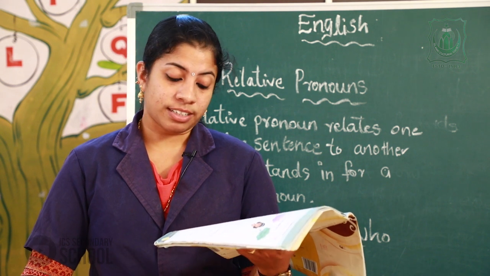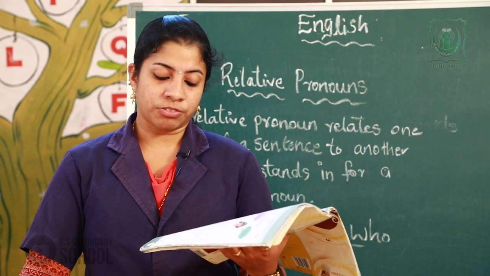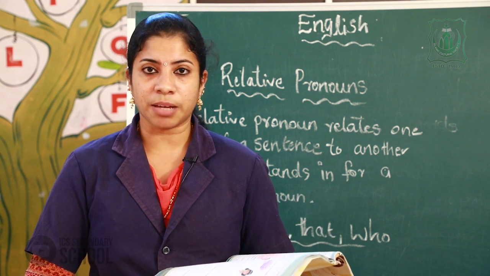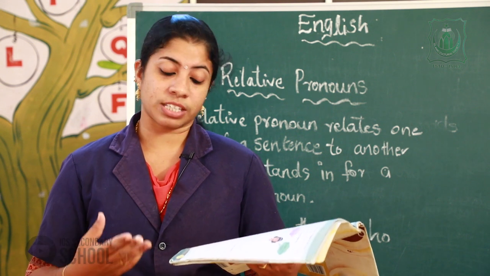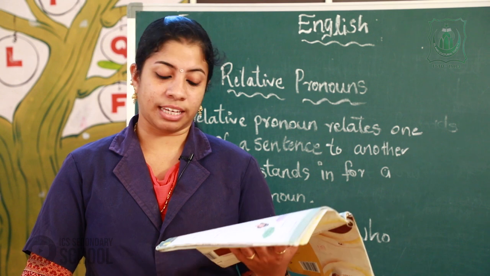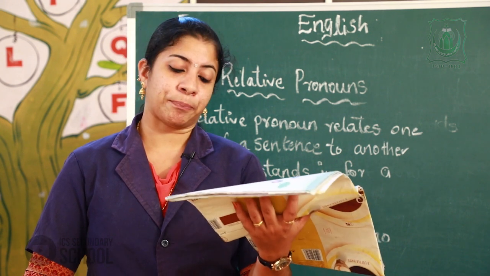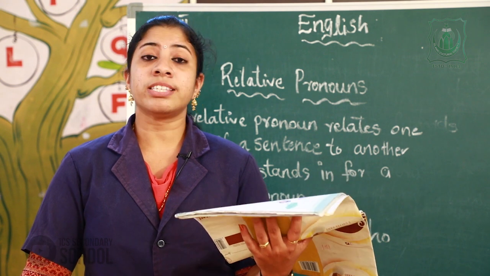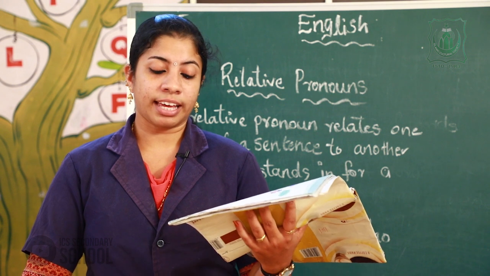Now, the second question. He said something. It surprised me. We add that: he said something that surprised me. And the last one: I saw a girl. She was carrying a basket on her head.